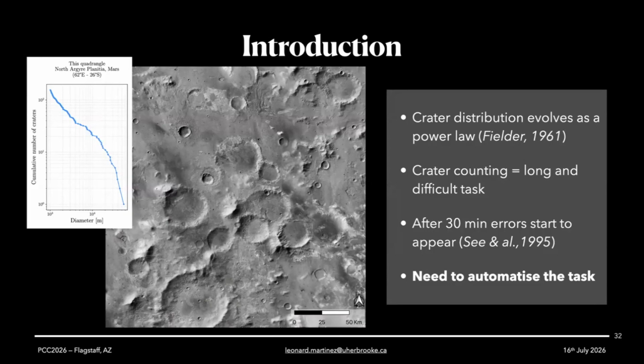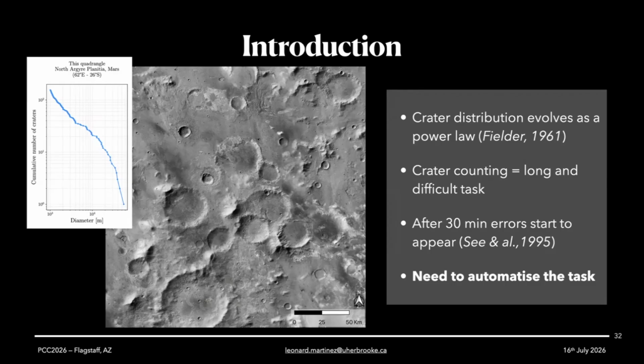On this small example, if you want to count craters bigger than, let's say, 10 kilometers, it will be easy. But if you want to count craters more than 1 kilometer or more than 100 meters, it will be much harder because there are a lot more.